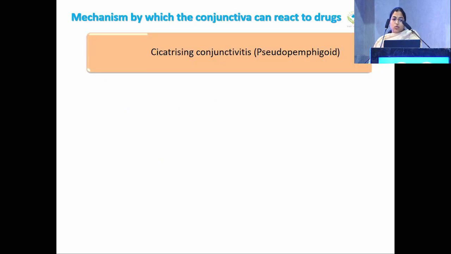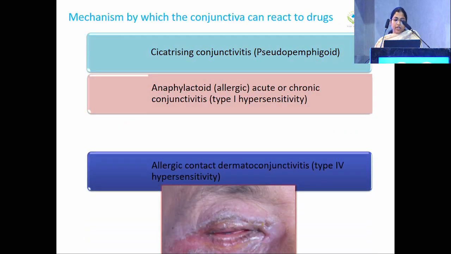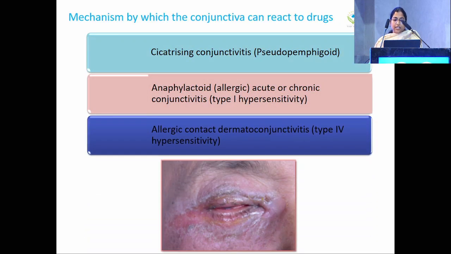As for the mechanism by which the drug acts on the conjunctiva, there can be complete tolerance to very severe involvement, as seen in cicatrizing conjunctivitis in pseudopemphigoid. There can be anaphylactic or allergic acute or chronic conjunctivitis as seen in type 1 hypersensitivity. There can be contact allergic dermatitis as seen in type 4 hypersensitivity.